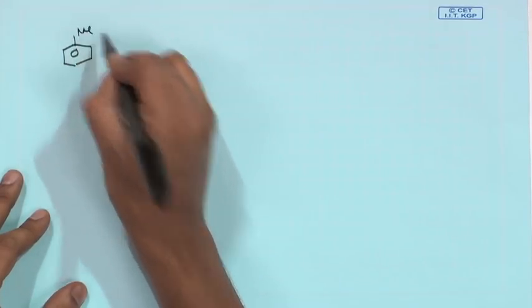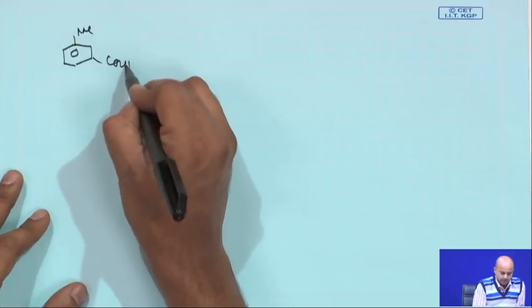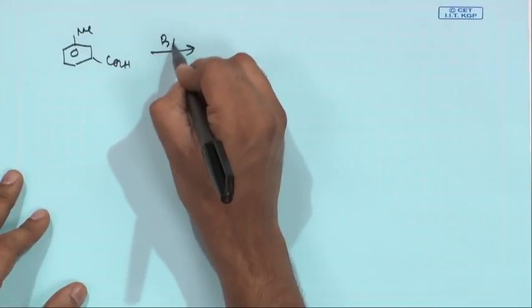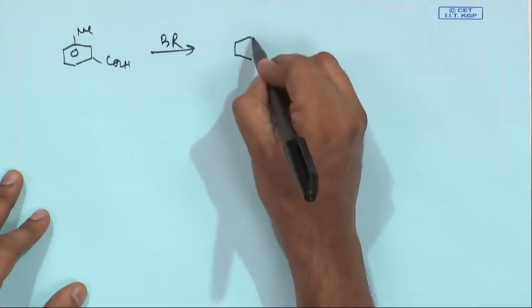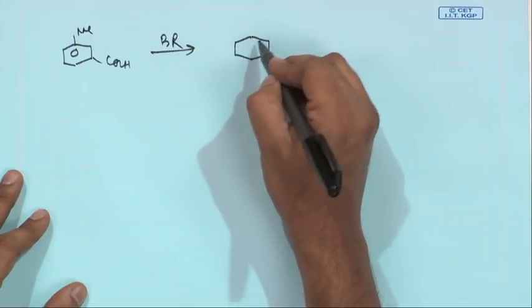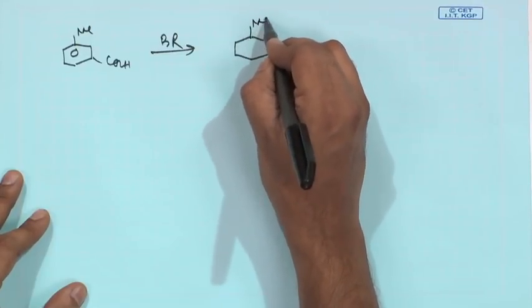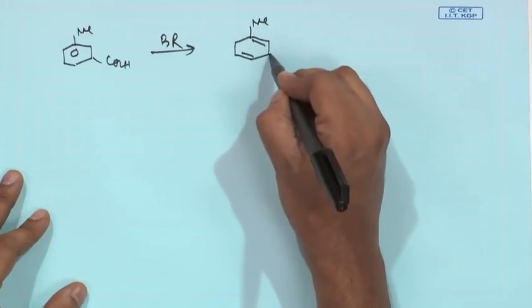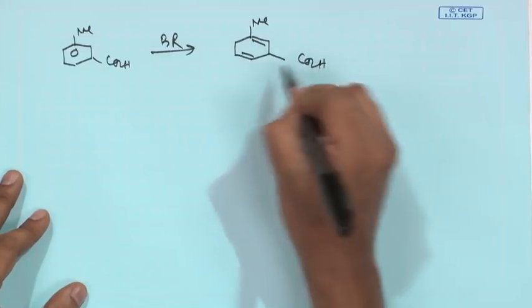Starting material is this methyl CO2H. Do the Birch reduction first. Once you do the Birch reduction, you will get this compound and CO2H minus.